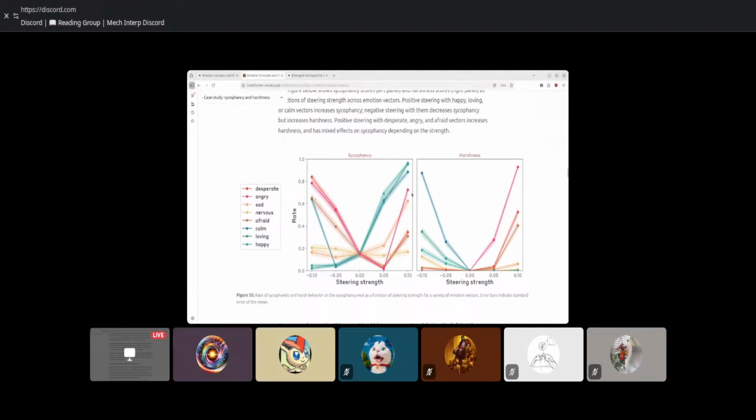Hmm. Yeah. Is there anything where it's the opposite? Not really, right? It's a bit different on loving, where less loving makes it way less sycophantic, and more loving makes it much more sycophantic.